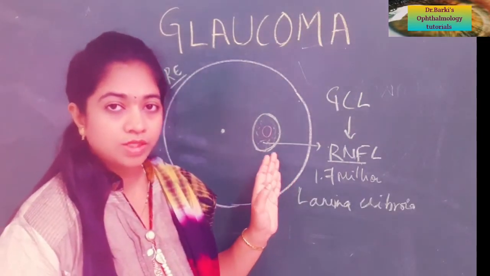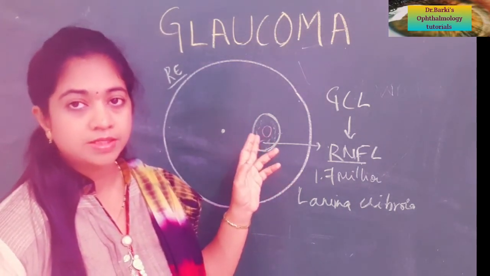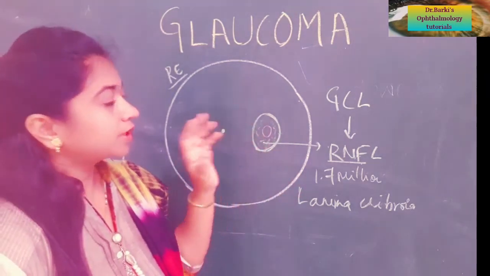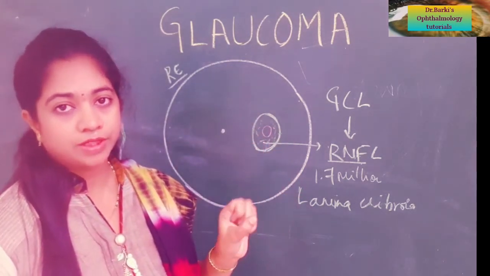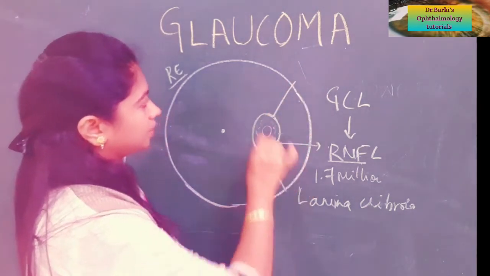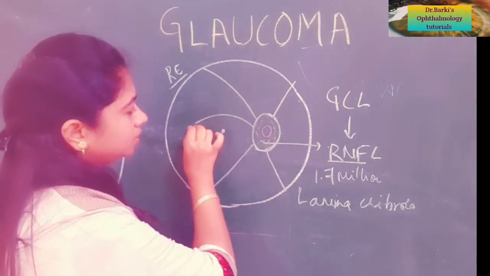So now you know how the optic disc is formed. It is the place where all the retinal nerve fibers exit the eyeball and form the optic nerve. Clear? The retinal nerve fibers have a peculiar arrangement: nasal fibers, temporal fibers, and the fibers around the macula.